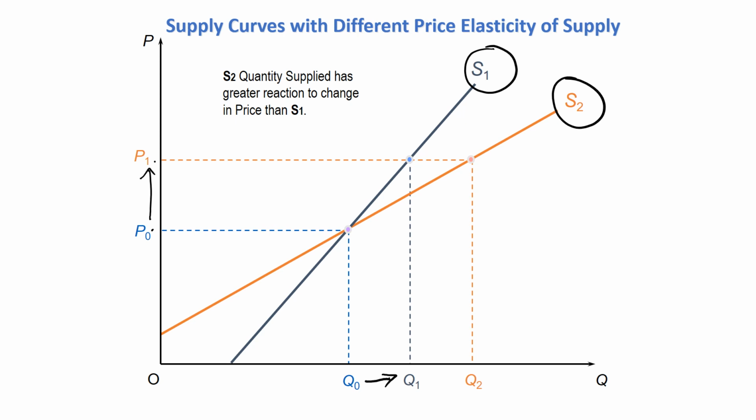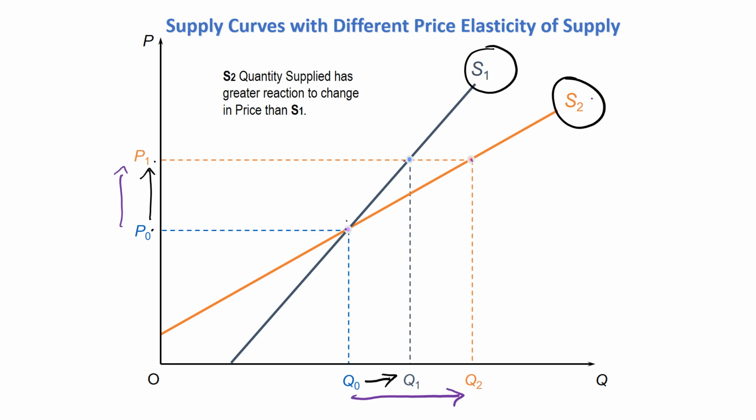Now what happens when the same thing happens to S2? Prices rise, once again identical to S1, from P0 to P1, but what happens to quantity supplied? In this case, it grows by much more, from Q0 to Q2. So from here to here, as opposed to just from here to here for S1.